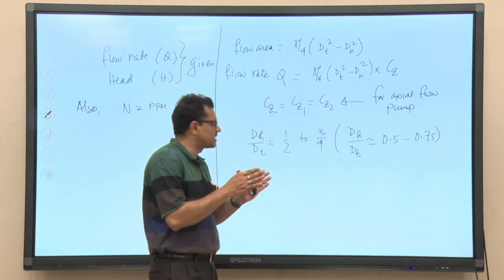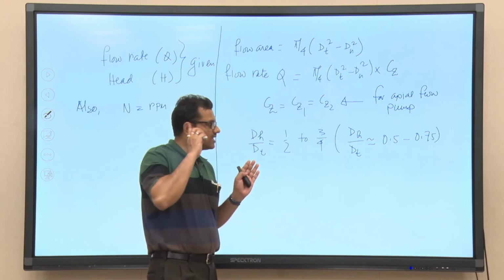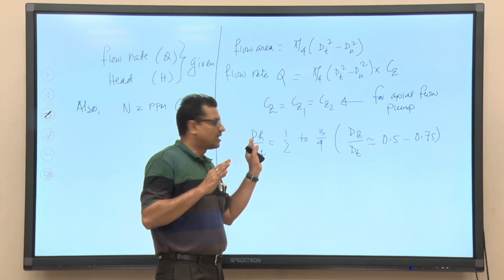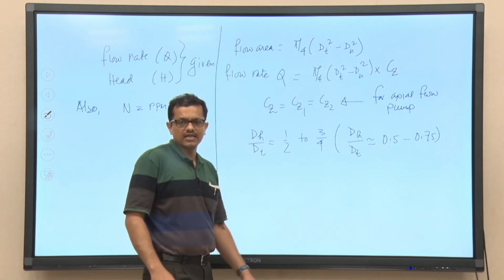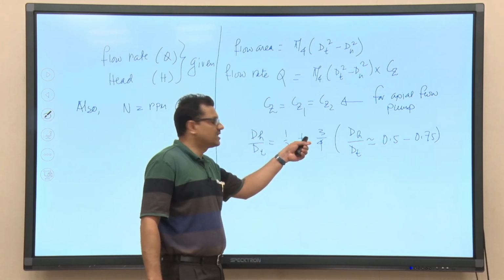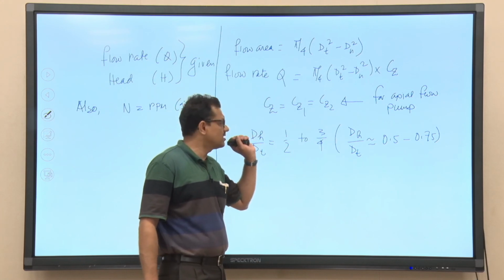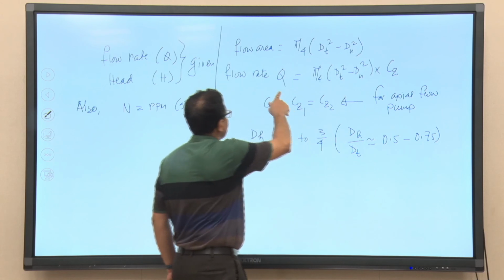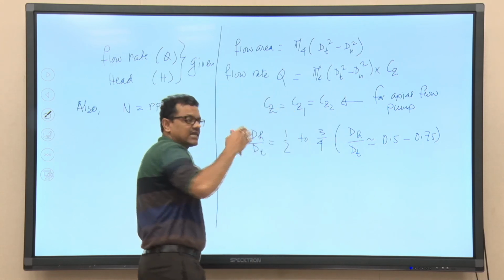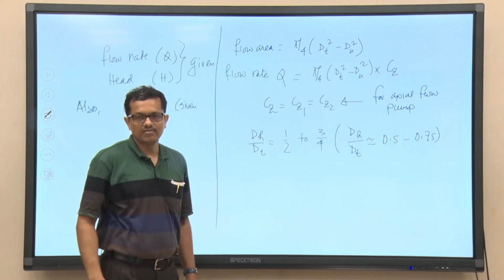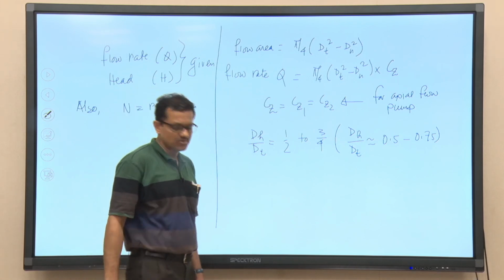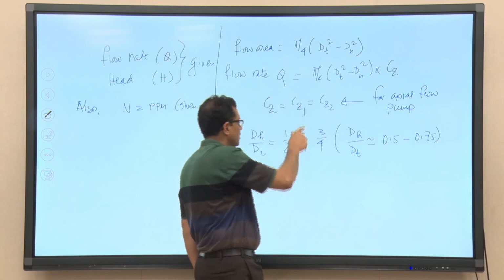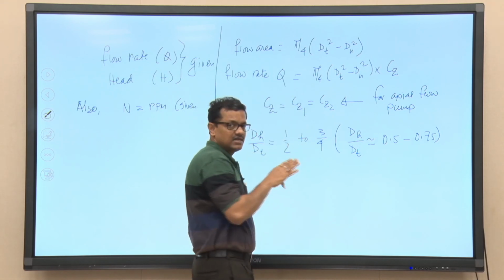So, the hub diameter is taken by the designer. From the ratio he or she can calculate tip diameter, and if we know tip diameter, hub diameter from the given flow rate, that is what is needed in real practice. So, from the given value of Q, we can calculate dh and dt.